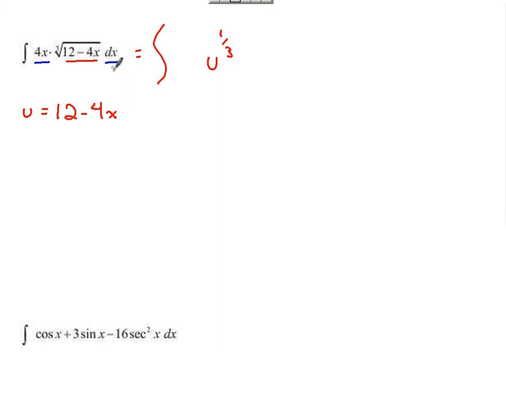So I'll take the derivative of my equation I've set up for u. Taking that derivative, we get du equals 12 goes to 0. We got negative 4x, so that derivative is just negative 4 dx. Looking at what I'm trying to replace, a 4x and a dx, I've got some of that combination now because I have a 4 dx here.